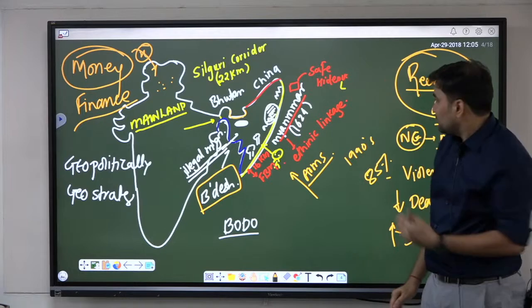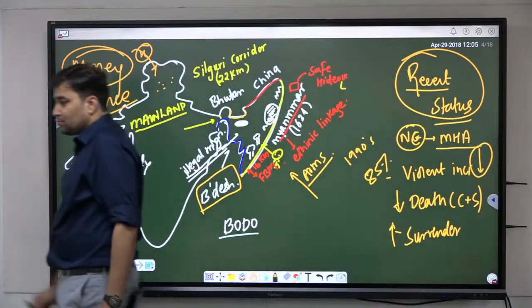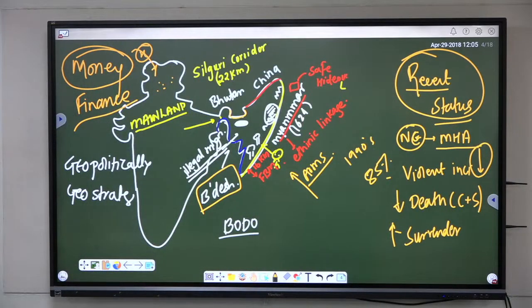Is it clear? You write recent status of insurgency. First point, as per MHA report, insurgency has reduced by 85% with respect to the 1990s.